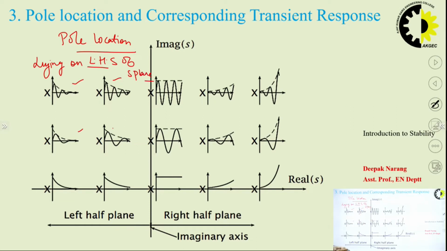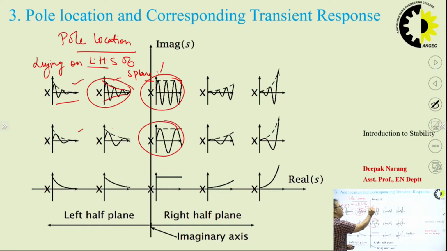We see that when poles are lying on the left hand side, the output oscillations are decaying with time, and when the pole is on the imaginary axis, we can see the response is oscillatory with constant frequency and amplitude.